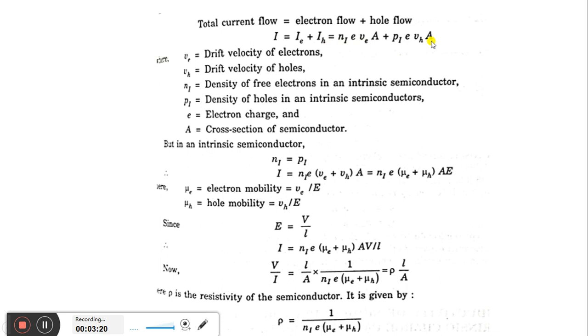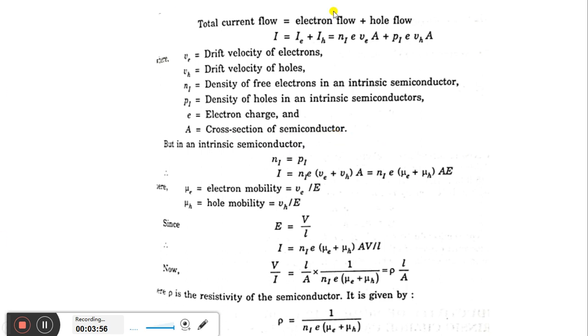Let us define the abbreviations here. VE is the drift velocity of electrons, VH is the drift velocity of holes, Ni is the density of free electrons in case of intrinsic semiconductor, Pi is the density of holes in an intrinsic semiconductor, e is the electron charge, and A is the cross section of the semiconductor.